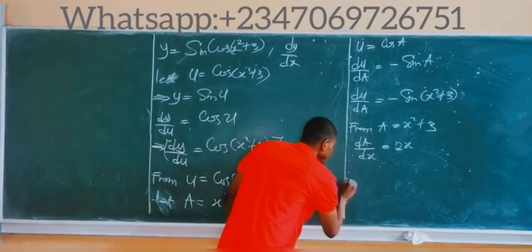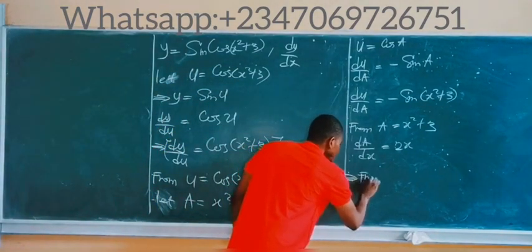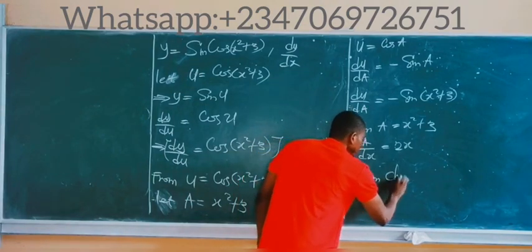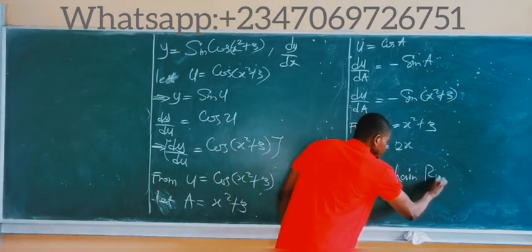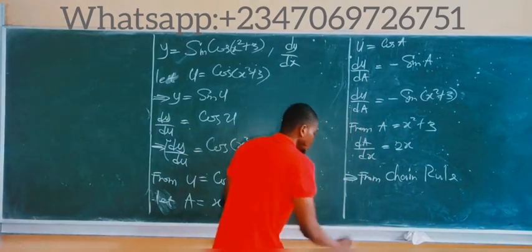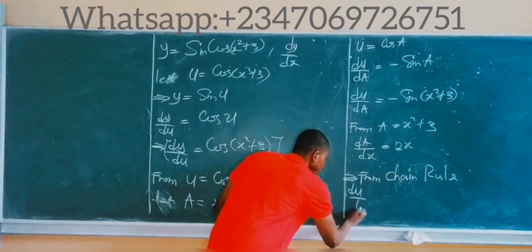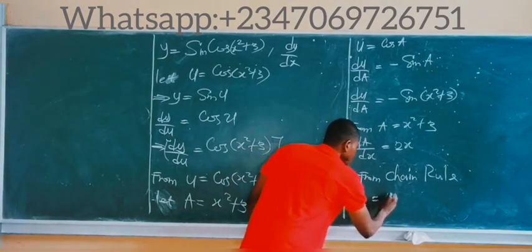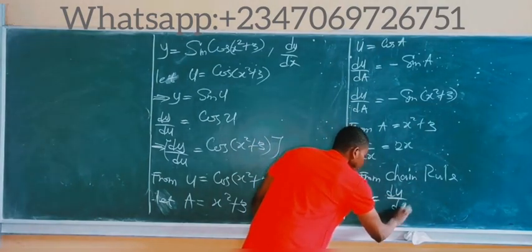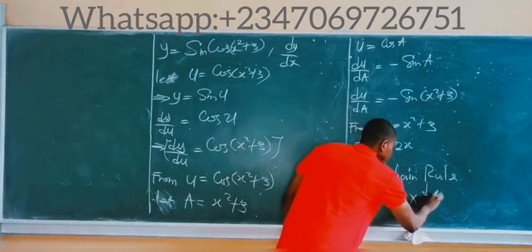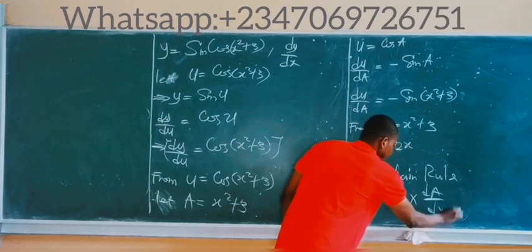So that now implies that from chain rule, we now apply chain rule. From chain rule of differentiation, du/dx is equal to du/da times da/dx.